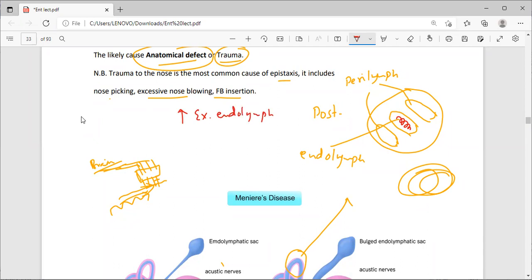It will slowly bulge into the perilymph, and it will further bulge into the perilymph, and lastly it is stretching.